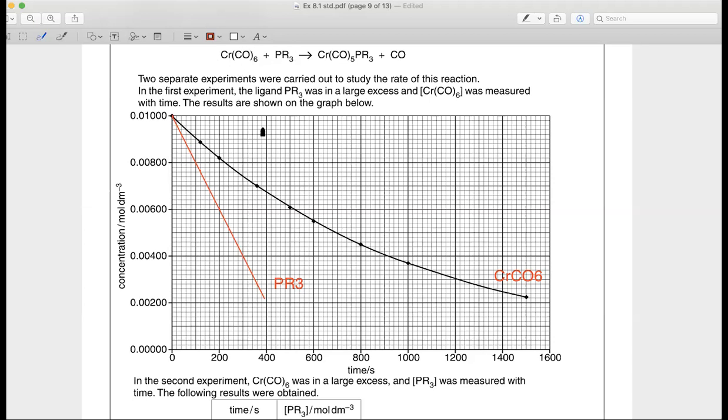It seems this graph is different in a way that you have two different graphs for two different reactants, okay? So this is chromium complex, I'll just call it chromium complex, and this is the phosphorus ligand, okay? And it seems that after plotting, it looks like it's a straight line, right?